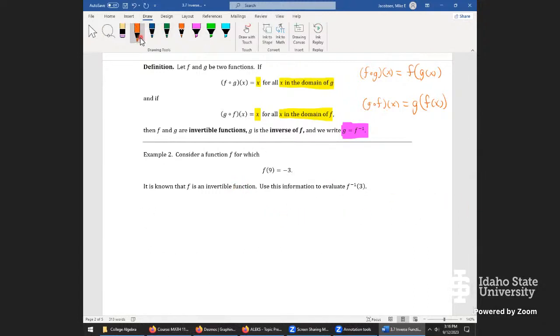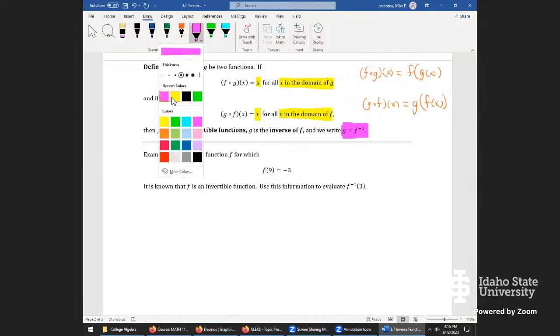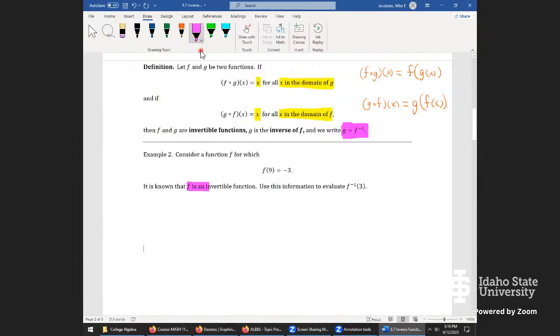Example 2 is a really tricky problem, unless you're thinking of this definition as you go to solve it. We have a function and we don't know much about it except f of 9 is -3. But we also happen to know f is an invertible function.